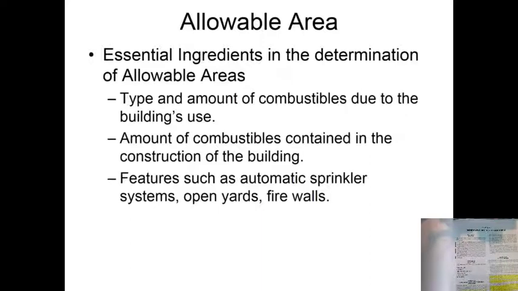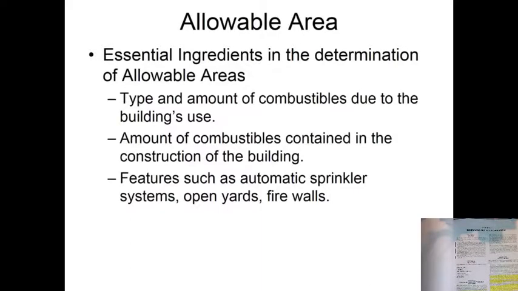We may have our structures, like our columns and roof structure, all non-combustible, but then how many non-load bearing walls and partitions are we putting within there? Features such as automatic sprinkler systems, open yards, and firewalls all make a difference.